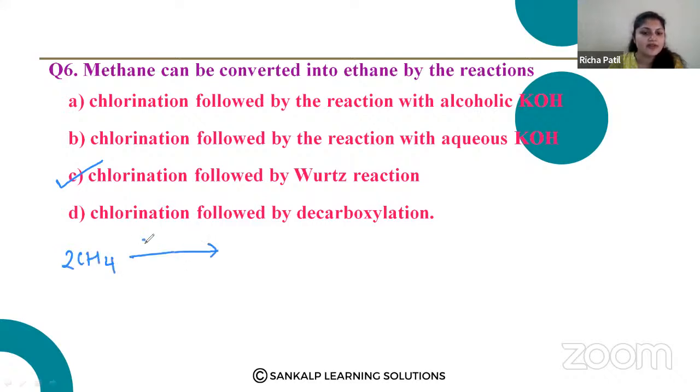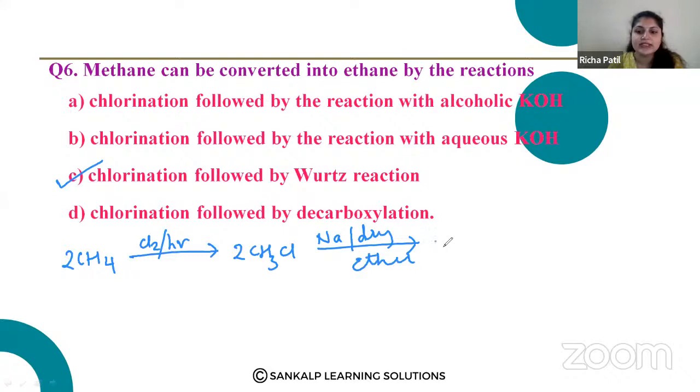Methane in the presence of Cl2, h nu gives you CH3Cl. Then in the presence of Na in dry ether, it gives you CH3CH3. So this is the reaction.